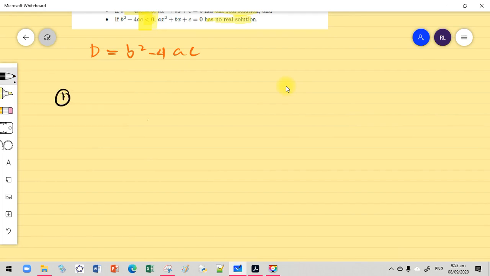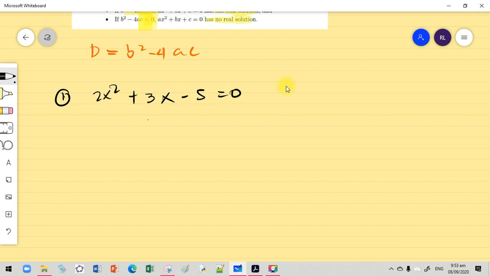Number one, let us say we have 2x squared plus 3x minus 5 equals 0. Again, to determine the number of real solutions in this quadratic equation, we don't need to solve it using the many methods that we probably knew before.